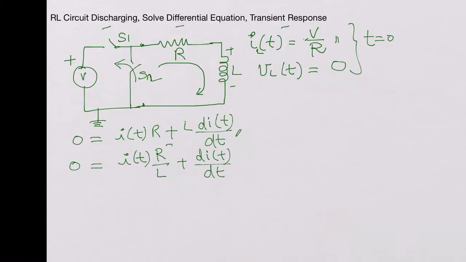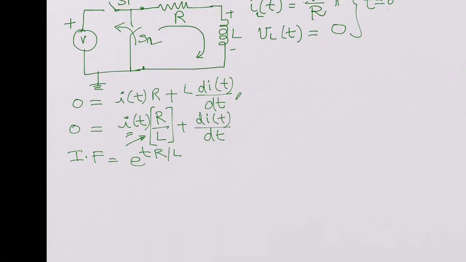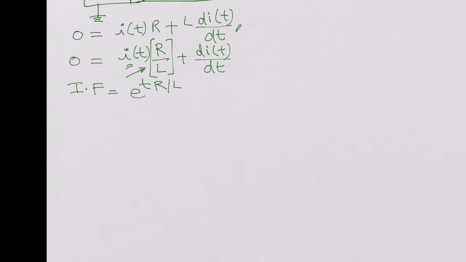And this type of differential equation can be solved by finding an integrating factor, and that integrating factor depends on the coefficient of the term that does not have the derivative. So the integrating factor in this case is e power t R over L. So now we multiply both sides with the integrating factor.